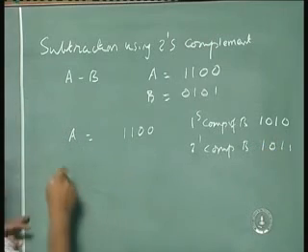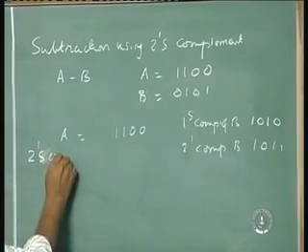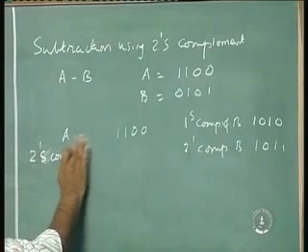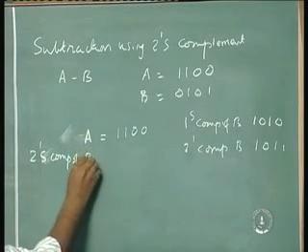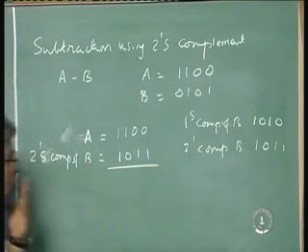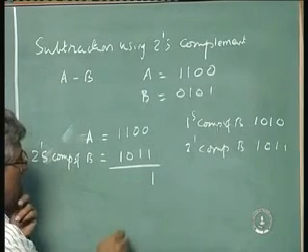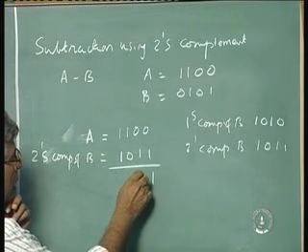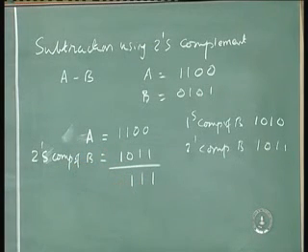So I am now going to add the 2's complement of b to a. 0 and 1, add. What is this? 1 plus 1, 0 with a carry 1.